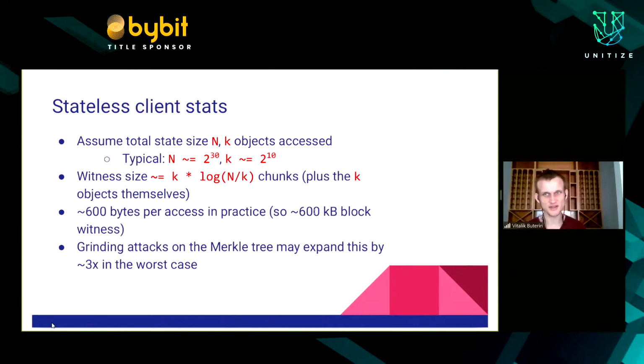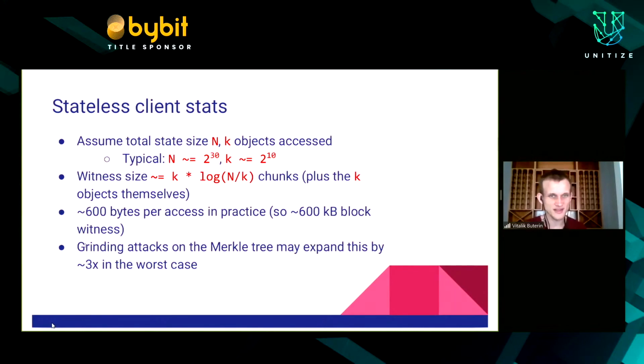There are grinding attacks on the Merkle tree. So basically, if you imagine an attacker just generates a whole bunch of account addresses that are extremely close to each other and sends a very small number of coins to all of these addresses, and then creates a transaction that tries accessing all of those addresses, then because you have a whole bunch of accounts really close together, the attacker could grind those addresses, and instead of the depth of the tree being 30, the depth of the tree in that particular position could go up to say 60 or 80, right?